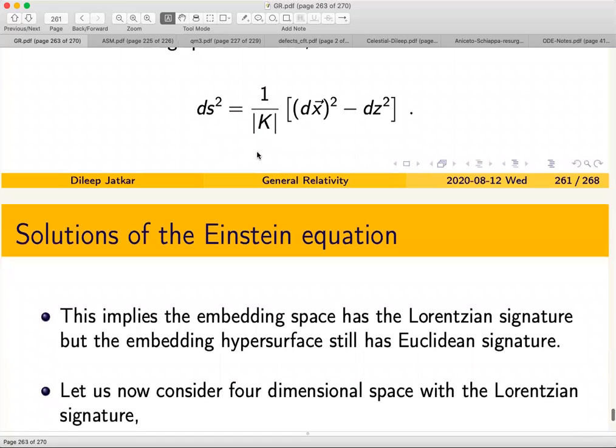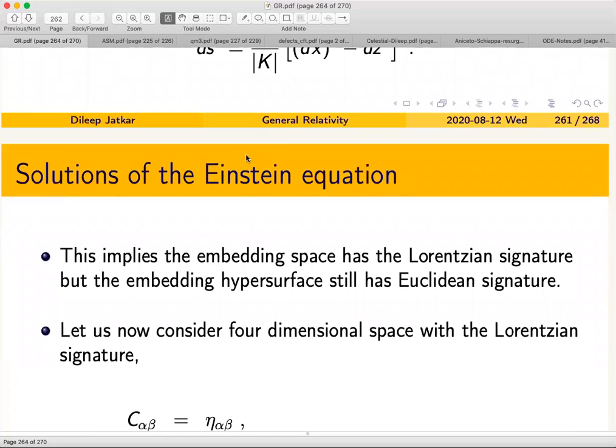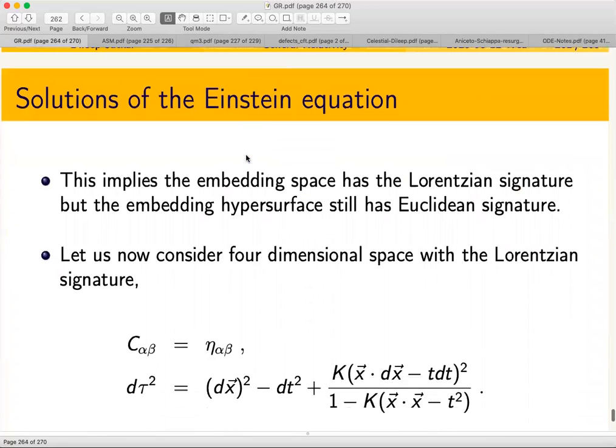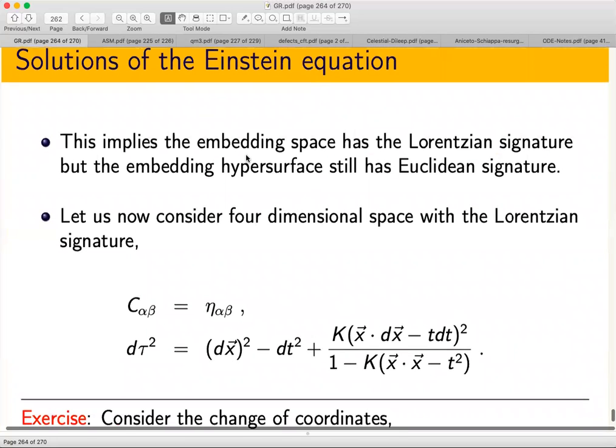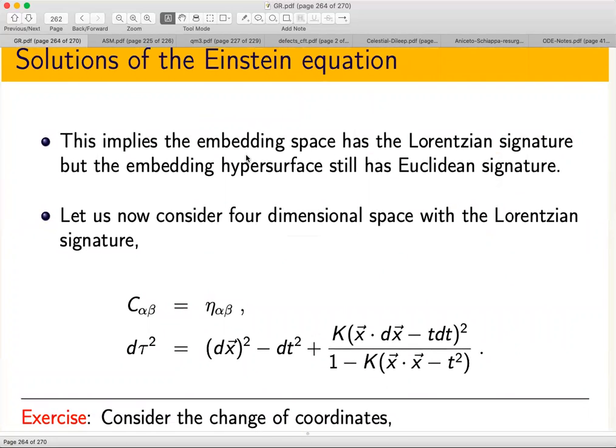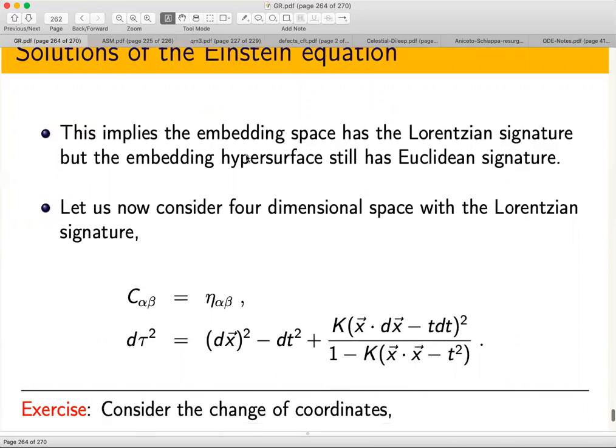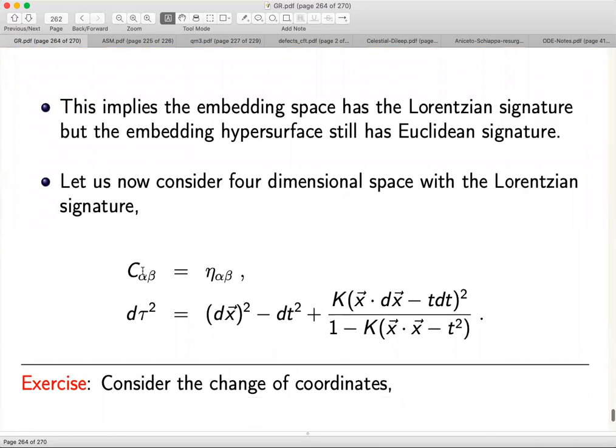Now let's do something different. Remember, we were doing all this analysis by assuming that the space is Euclidean. Now let's abandon that and look at the four-dimensional space, which is Lorentzian in signature. If the space is Lorentzian in signature, then you write down C alpha beta.